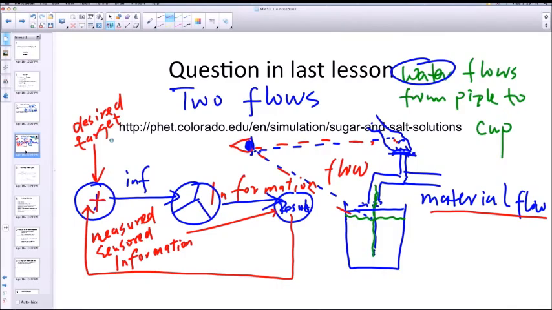Then the input will be adjusted by looking at the difference between your desired target and your actual result. And then you adjust your control action to get closer to your target.